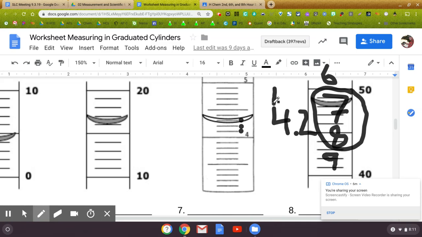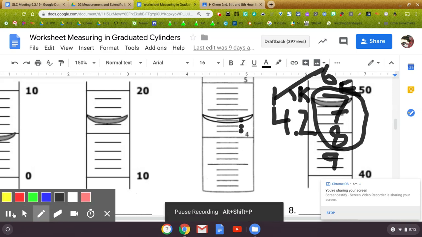We know this number for sure because that number is literally marked on the graduated cylinder. This one we know for sure as well because that's literally marked on there. This digit right here, the hundredths place value, we are estimating because we're guessing what that place value is. It's a reasonable guess, but we're not 100% sure.